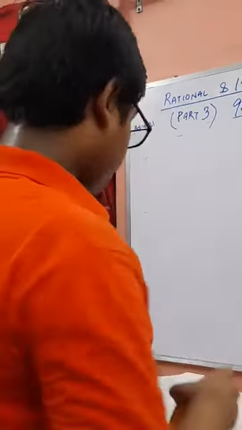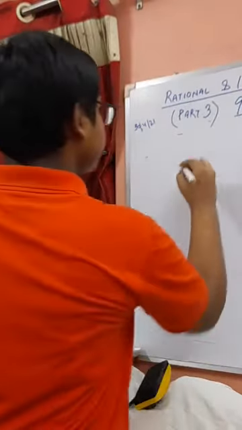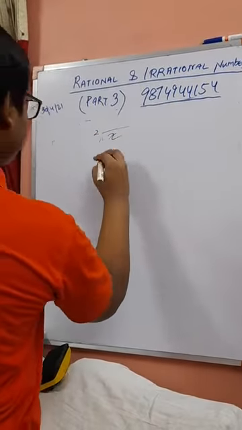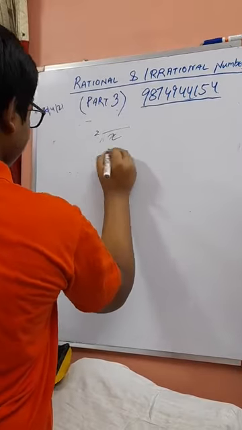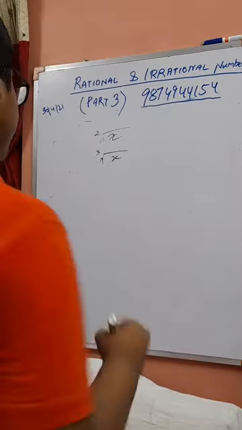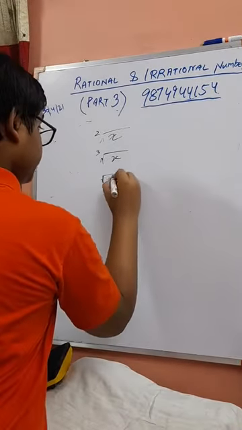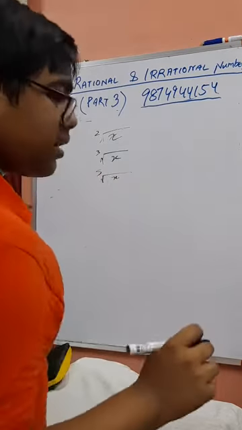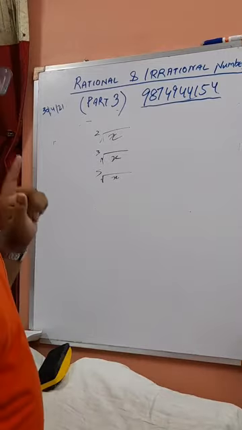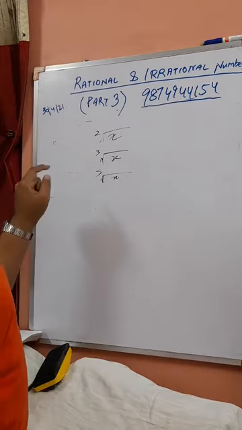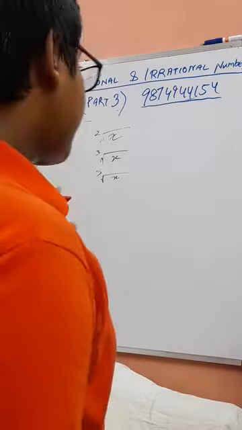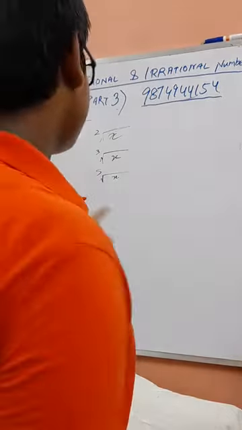For example, this would be a surd of the second order, this a surd of the third order, this a surd of the third order, and this a surd of the fifth order. Mainly we get surds of the second order and the third order. A surd of the second order in normal terms is a square root, and a surd of the third order is a cube root.